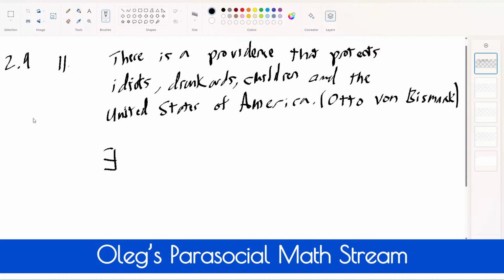Providence that protects. Is this providence? We can just write it as there exists a providence and protects all idiots, drunkards, children, and the United States.